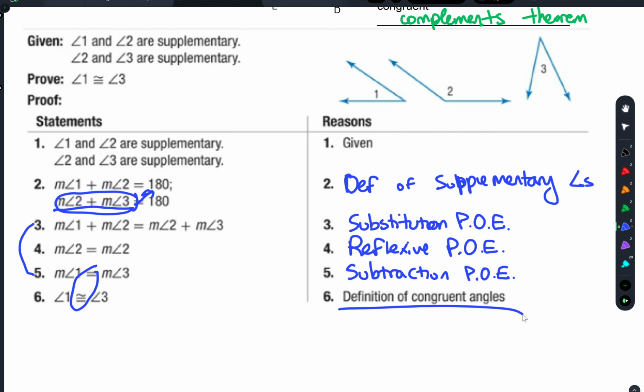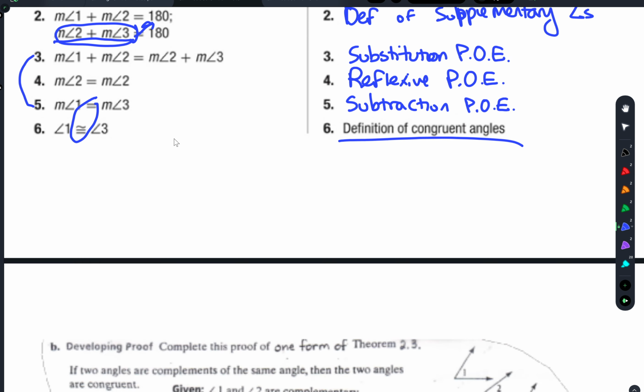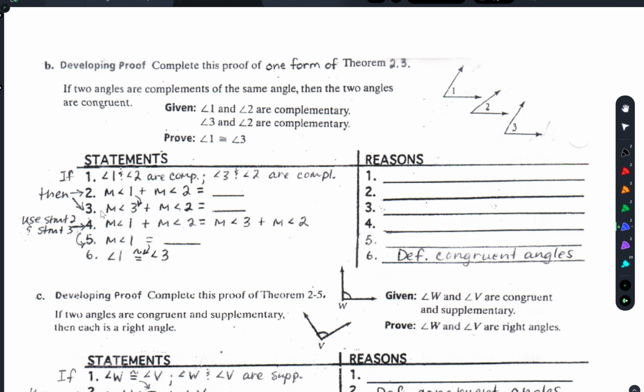All right, flip it over. Let's do one more together, and then I'll let you try one. First statement, what's my reason? Perfect. Second statement, I've got to fill in these blanks here. The measure of angle 1 plus the measure of angle 2 equals what?